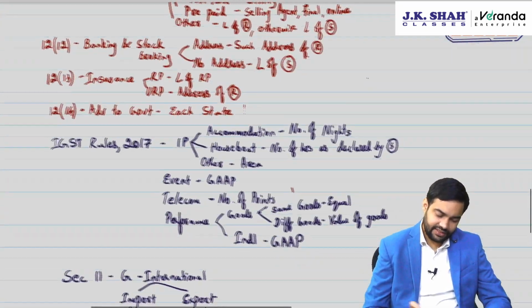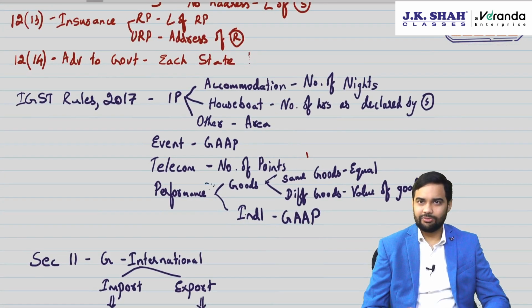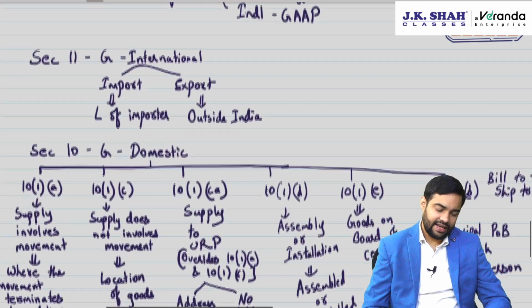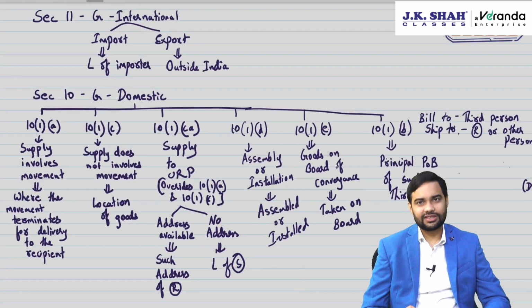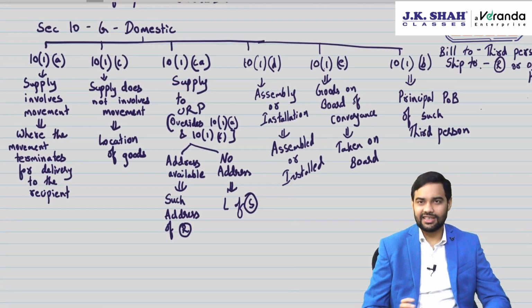Okay, then IGST rules talks about where the immobile property is located, events, what to do, telecom if it is in more than one state, and performance based. 11 goods international transactions, export location of importer, import location of importer, export outside India. Goods domestic transactions, see which case is covered.